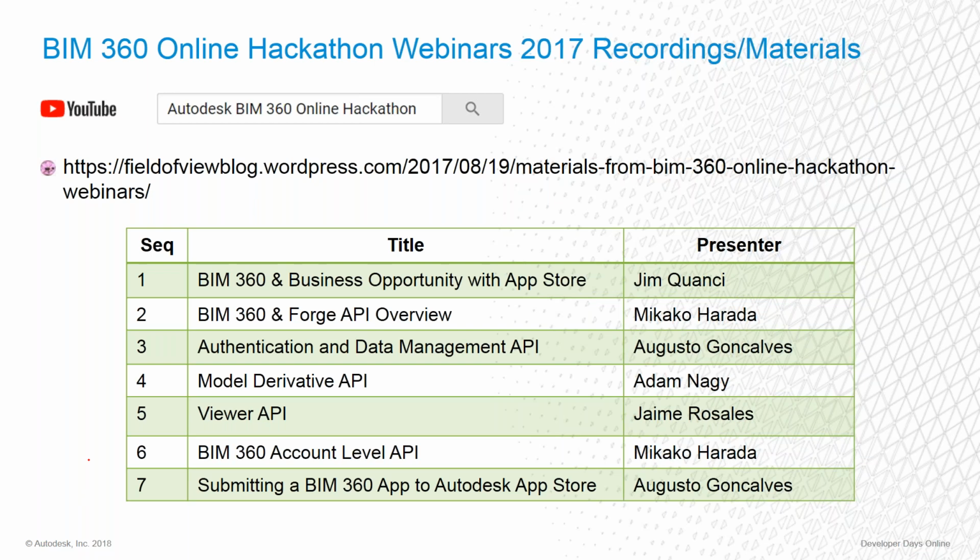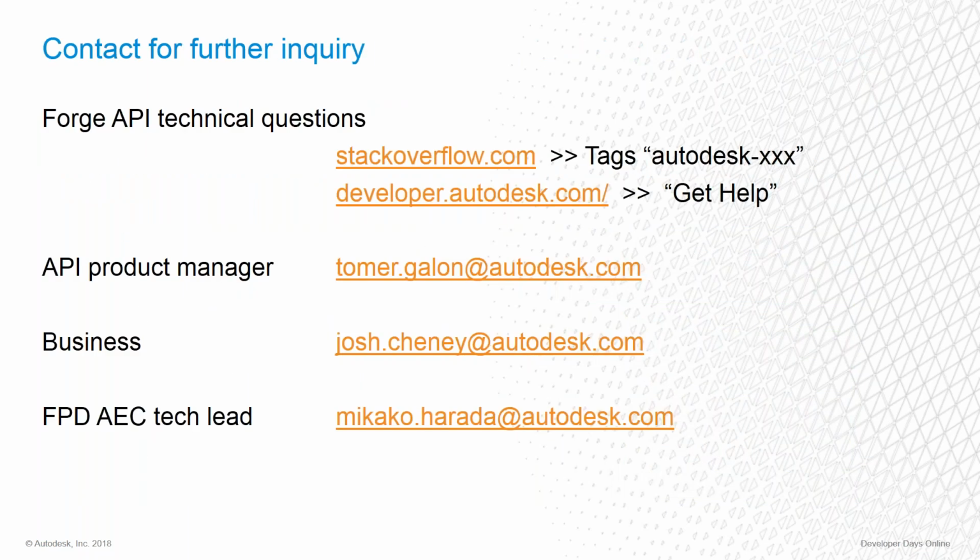Okay, so if you have other questions, here are some contact points. For technical questions, our suggestion will be going to Stack Overflow. If you go to developer.autodesk.com, get help, you will find a link. Or if you go to Stack Overflow directly and use the tags Autodesk, if you start typing Autodesk hyphen, then you start seeing options.